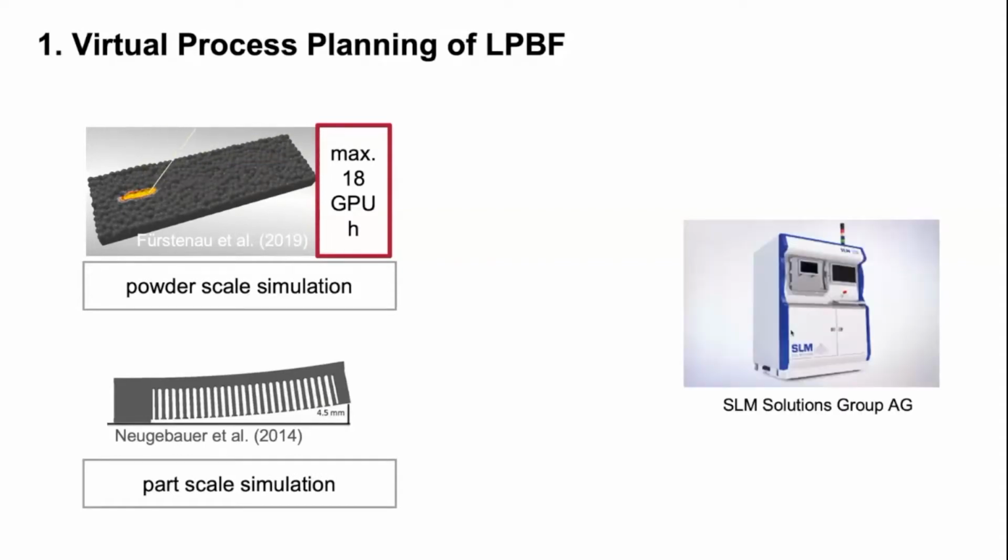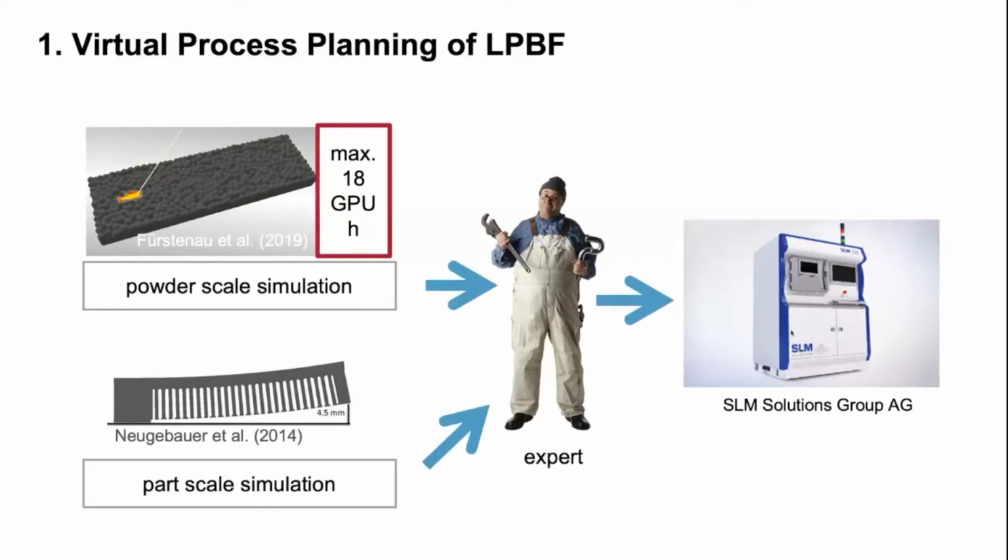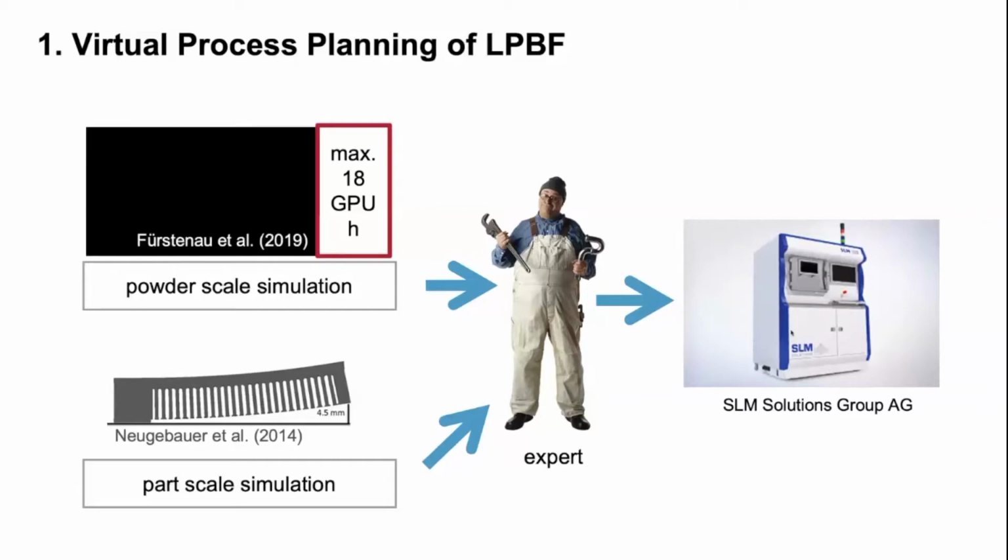And the question now is how we can make this information we gather from the simulation useful for the actual machine. What is currently happening is that we have an expert who can gather information from different simulations, from the powder scale, from the part scale simulation, also from microstructural simulations, from experiments, from experience.